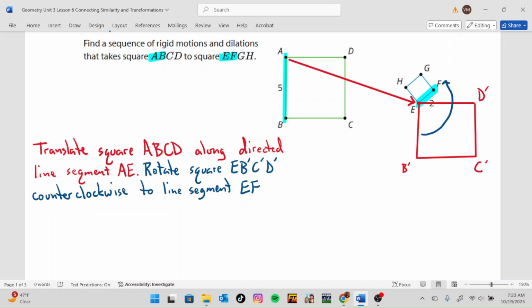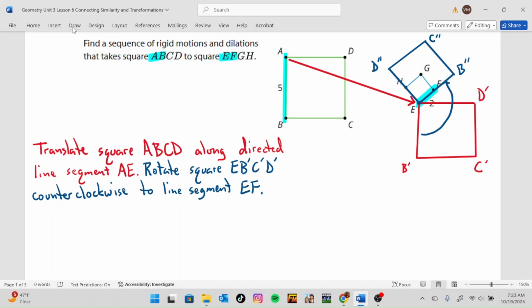And that ends up creating a square like this. And we still have point E here, but now B prime has become B double prime. This is C double prime and D double prime.